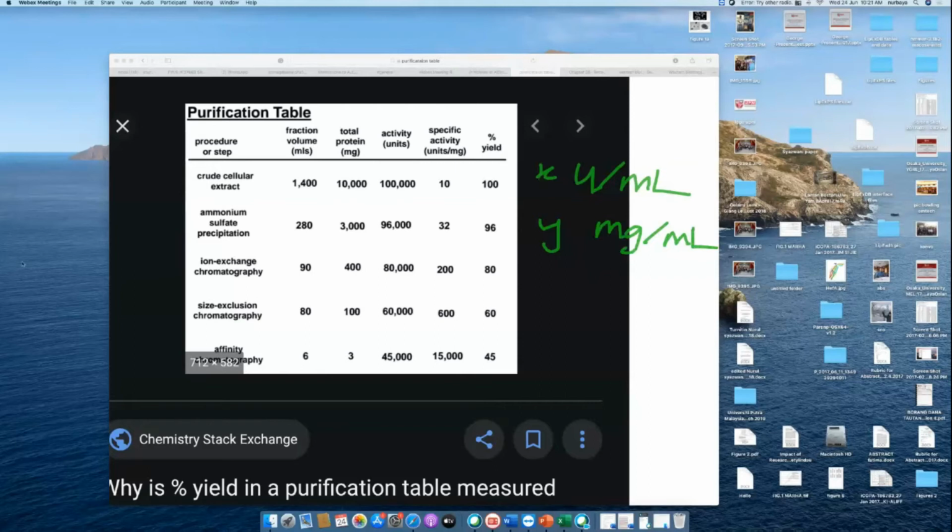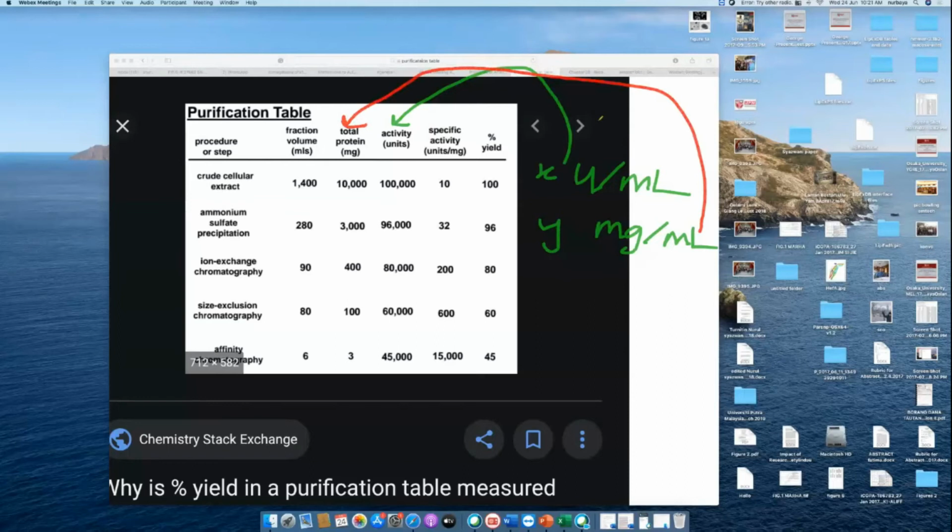This one is for activity, and the protein concentration will be used for this one.